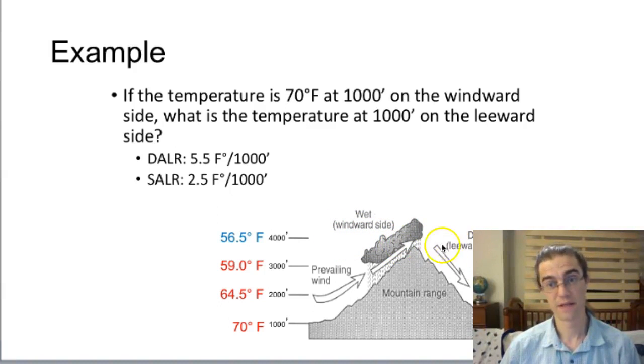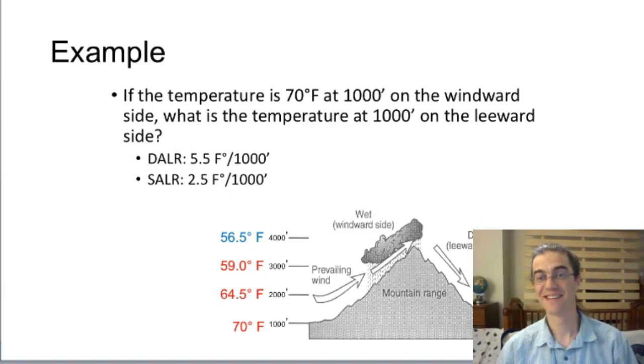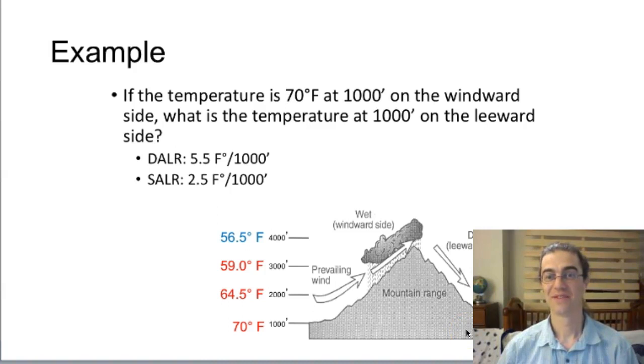And it's that same temperature on the dry side at 4,000 feet. So then we subtract 2.5, 2.5, reaching back down to 1,000 feet on the leeward side. And we're at 73 degrees Fahrenheit.